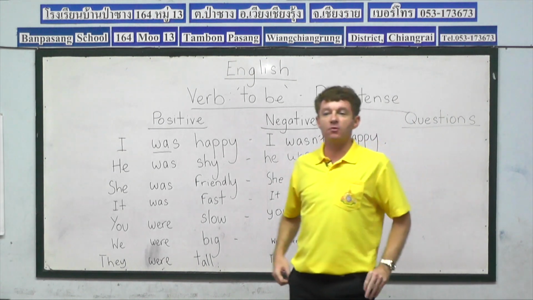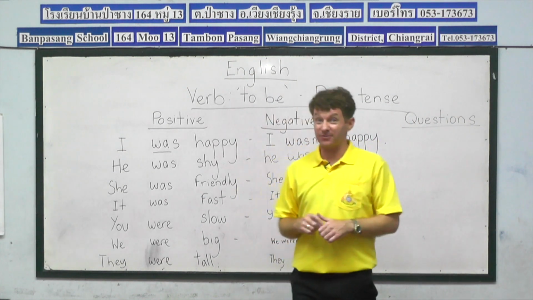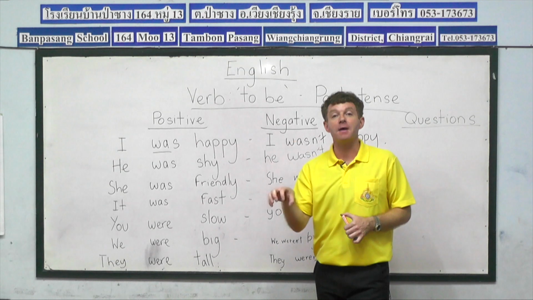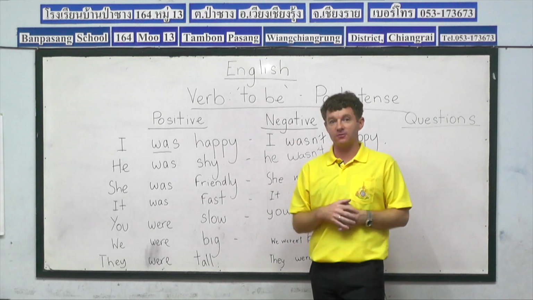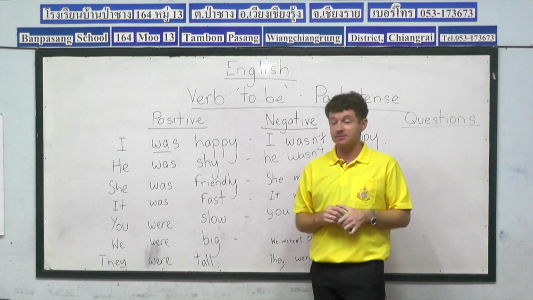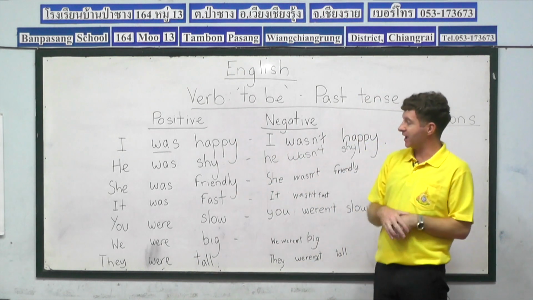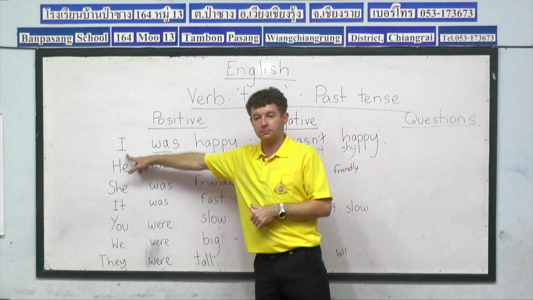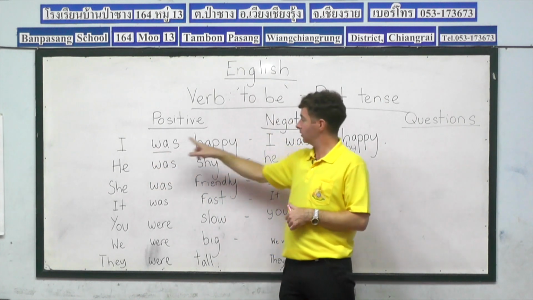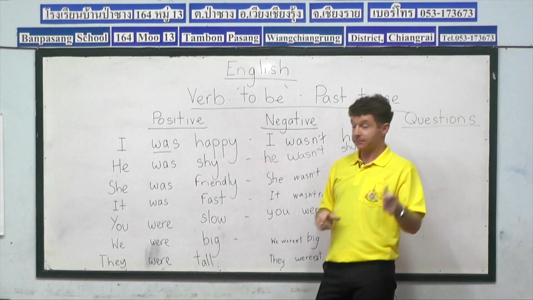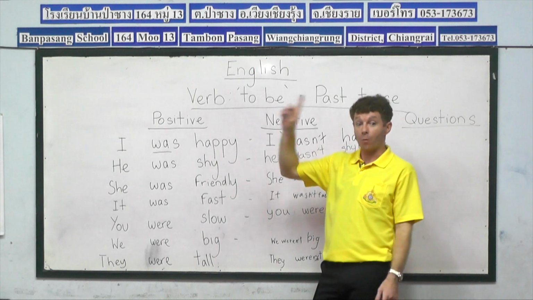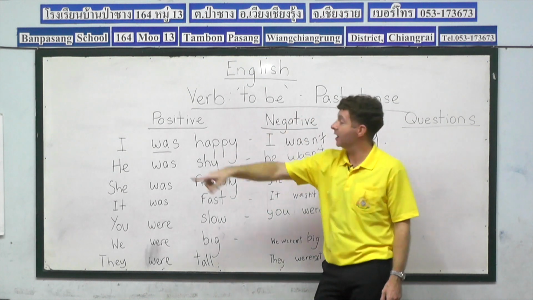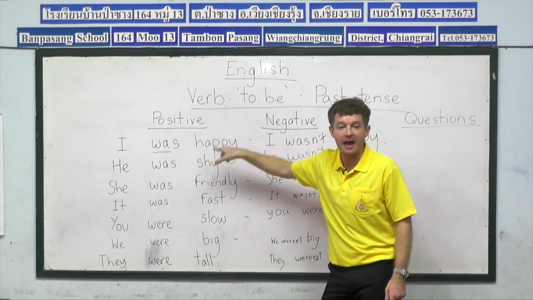But before we move on, I want to tell you about an easy rule to remember how to form the questions in the past tense. Look at the positive, guys. How many words? 1, 2, 3. I was happy.